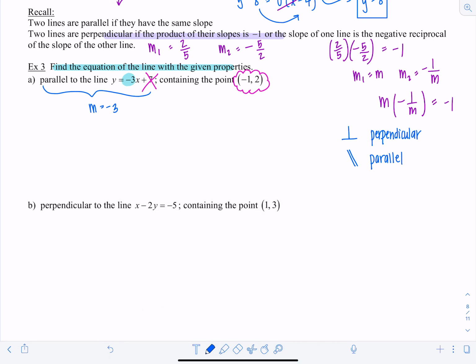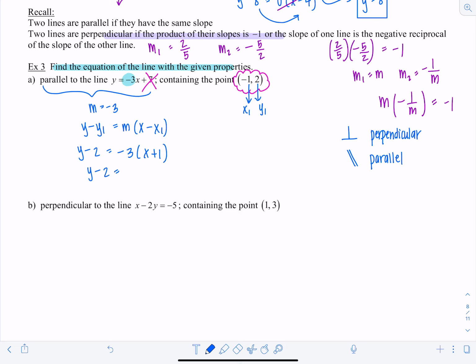Not a problem. I'm going to use point slope form. Y minus y1 equals m, which I now have, times x minus x1. And then this is my x1, this is my y1. So here we go. We've got y minus 2 equals -3 times x plus 1.